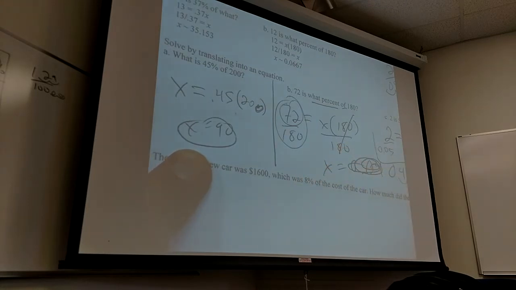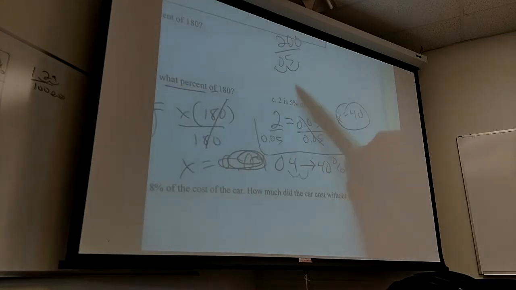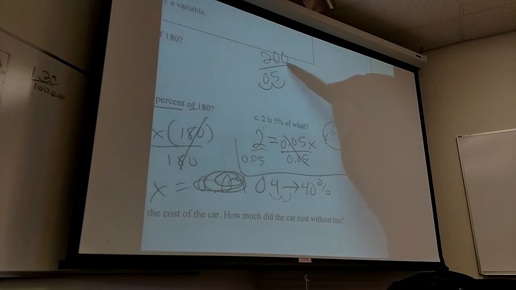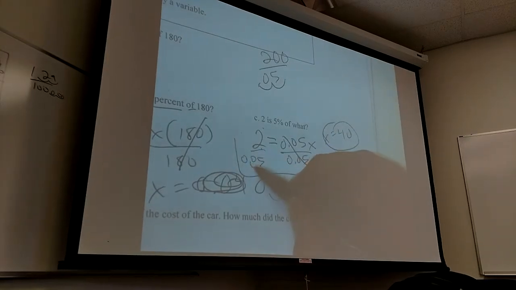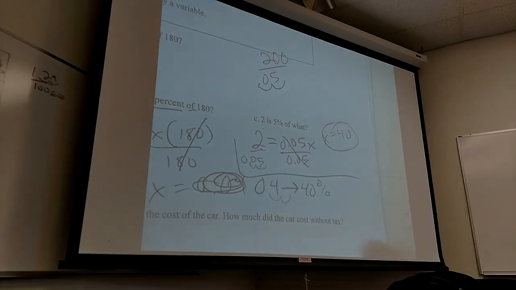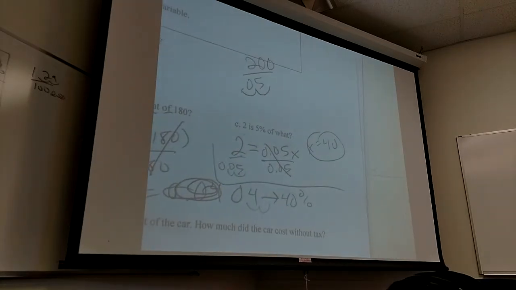Right? But again, if you put in your calculator 2 divided by 0.05, it will say 40. But if you want to do it by hand, you've got to be real careful what you change it to. If I move the bottom over twice, the top over twice, I got all whole numbers. That's a lot easier to do in my head.